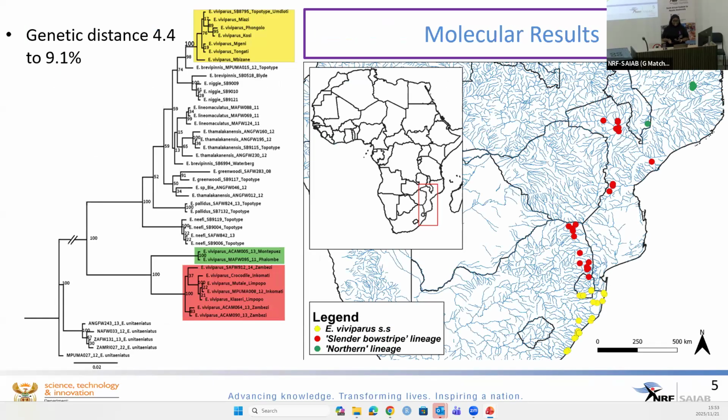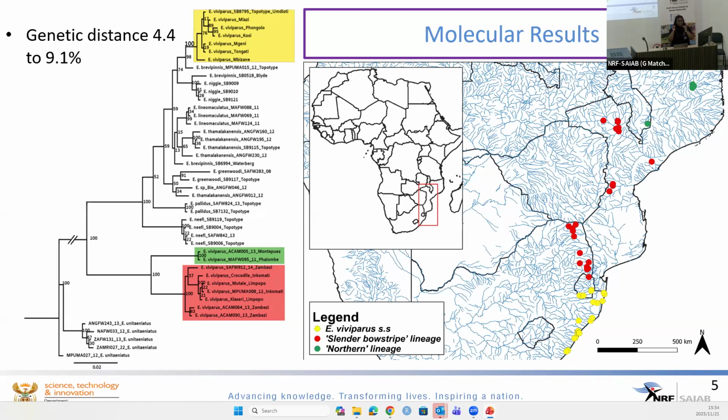The results show that the true viviparus, in yellow, clustered within the major clade with other goldie species and related taxa, and it is distributed from the Pongolo River system down to the Umvoti River. The second clade divides into two other lineages, which are the slender bowstripe and the northern lineage.